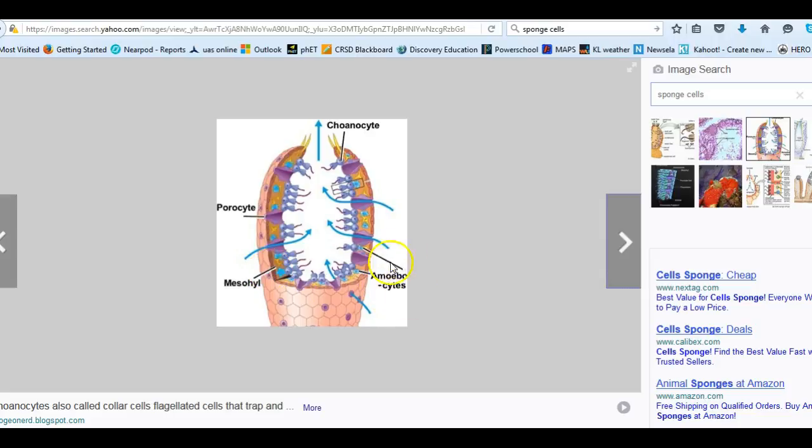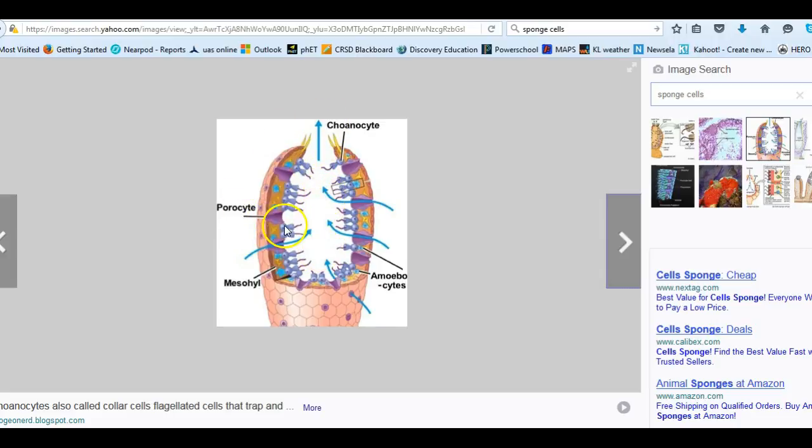There's amoebocytes. Amoebocytes can help digest food. They can help form the other types of cells that are there. They're kind of like universal. And then choanocyte, this cell that attaches to this flagella here, and these flagella actually move back and forth, and that causes the flow of water.